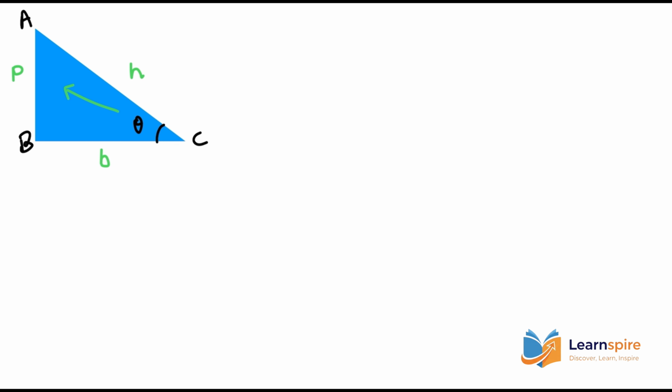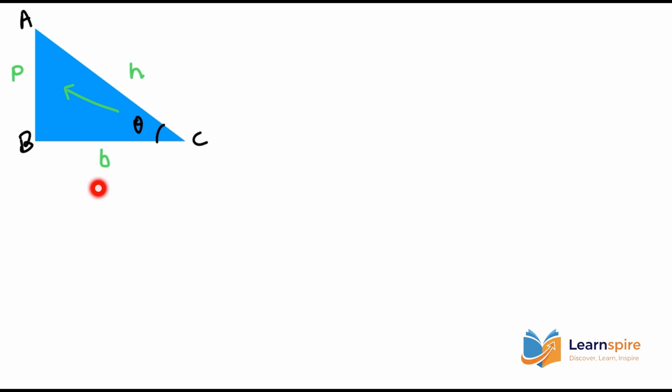As we all know, we always consider the opposite side to the angle of elevation as perpendicular. We always consider the adjacent side to the angle of elevation as base, and obviously the side opposite to the right angle is always the hypotenuse, which is the longest side of any right angled triangle.